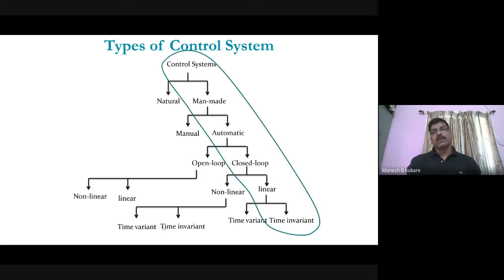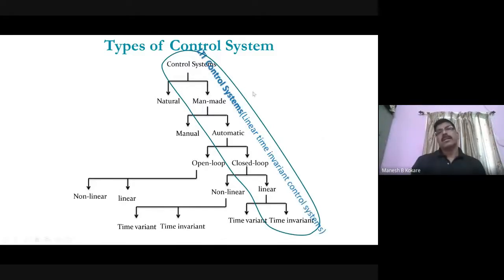Generally, in our entire course we will study control systems which are man-made, automatic, most of the time closed loop, most of the time linear, and time invariant. This is the focus of our syllabus because we are studying basic control systems. In advanced control systems, people can study non-linear design, non-linear control systems, and time variant control systems. So the linear time invariant control system is what we will be studying in our entire course.